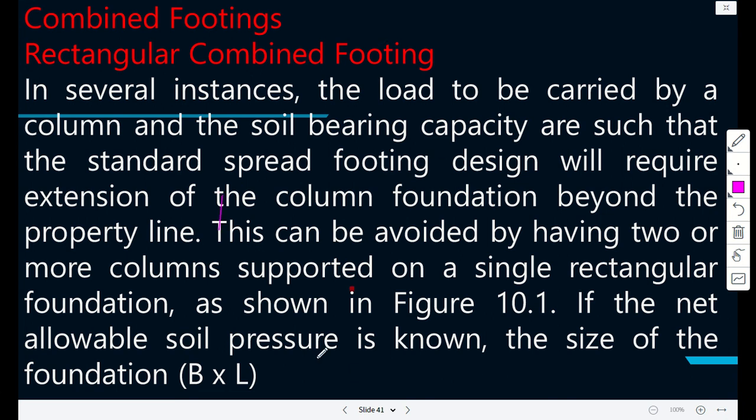This can be avoided by having two or more columns supported on a single rectangular foundation, as shown in Figure 10.1. If the net allowable soil pressure is known, which is why site investigation is important, the size of the foundation would be B times L.